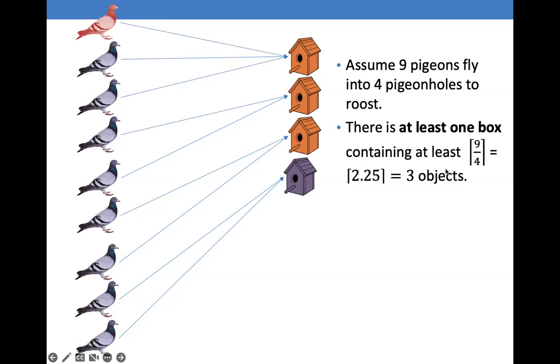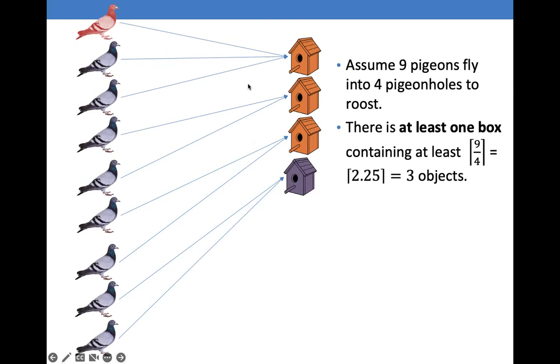Okay, so essentially what we do is just to round up this number into 3. Okay, so now we have at least one box containing at least 3 objects, and we can see that this is true. Okay, so while the other 3 pigeonholes are evenly distributed with 2 pigeons, we have one pigeonhole which has 3 pigeons.